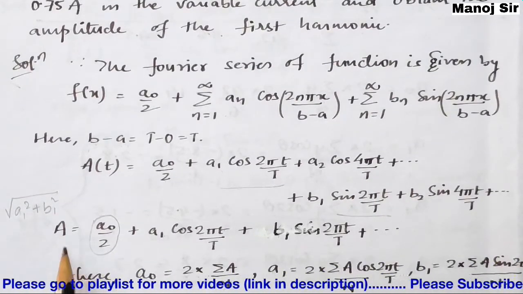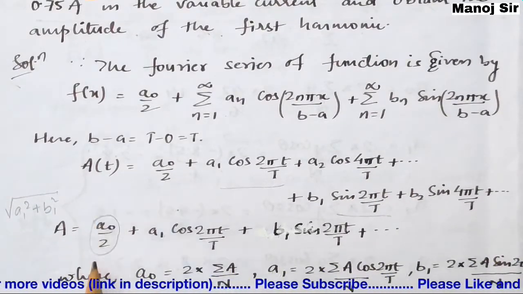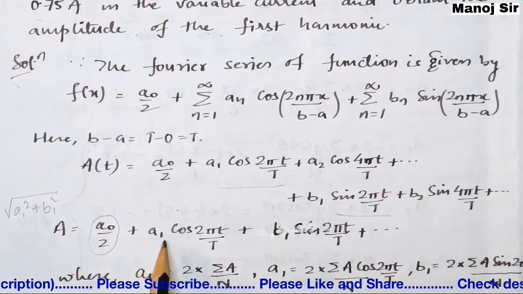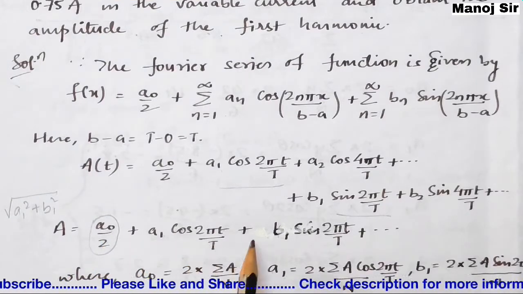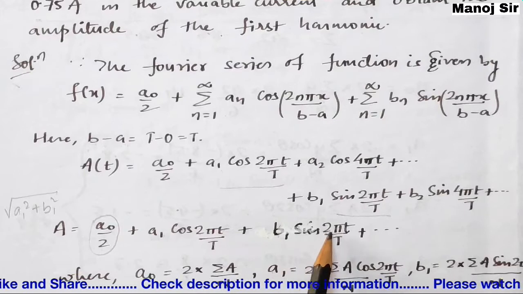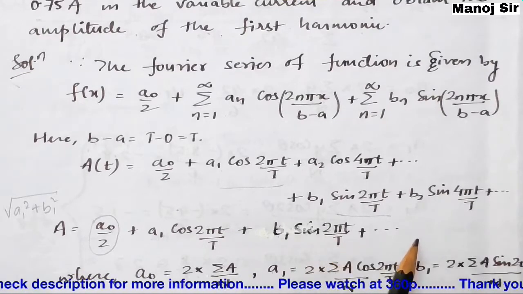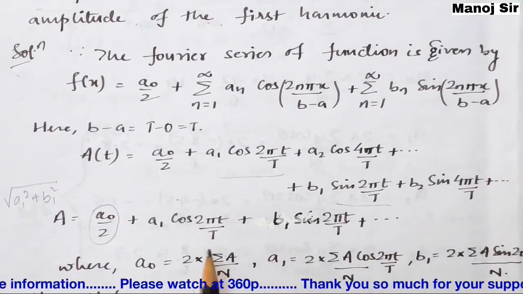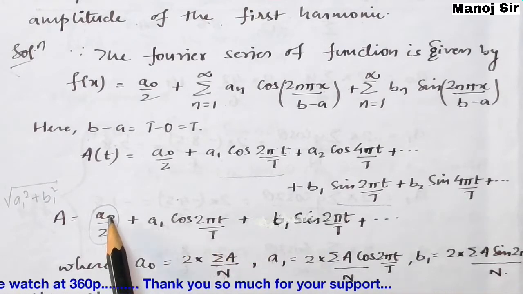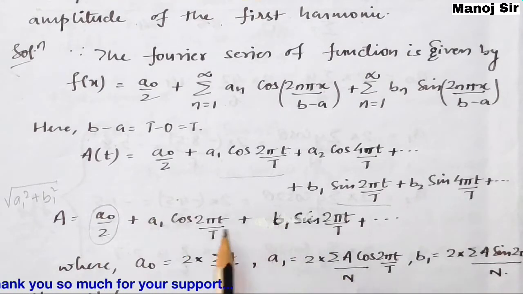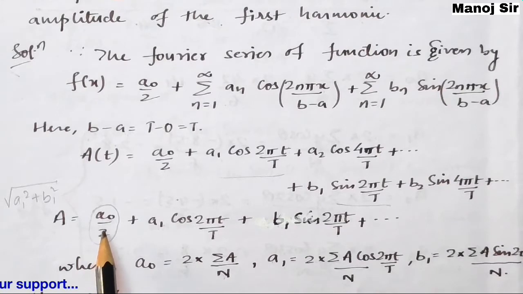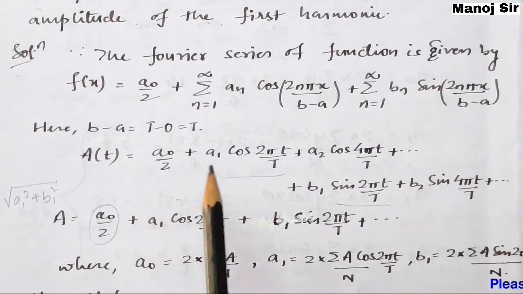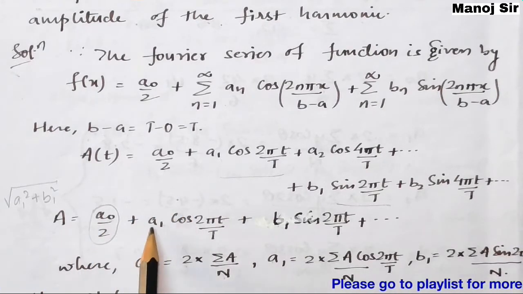So we can say a, which is a function of t, equals a naught upon 2 plus a1 cos 2 pi t upon T plus b1 sin 2 pi t upon T plus dot dot dot. We will find up to this, because we need a naught upon 2, a1 and b1. This will give me the direct current part, and for finding the amplitude of the first harmonic we need a1 and b1.